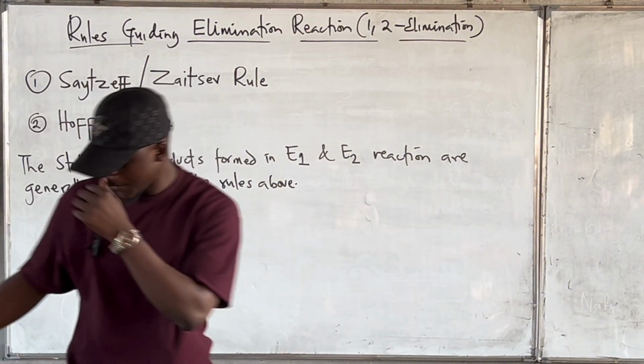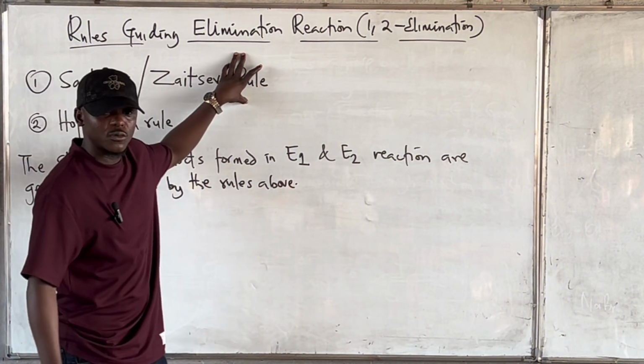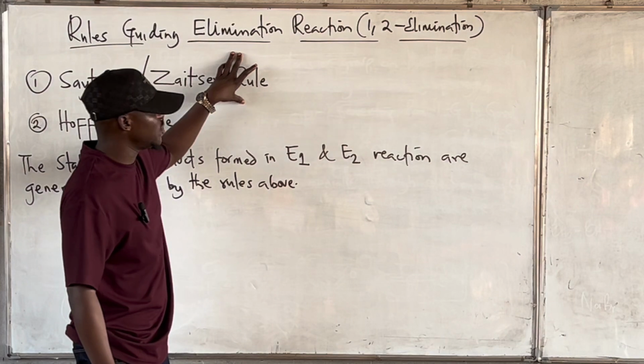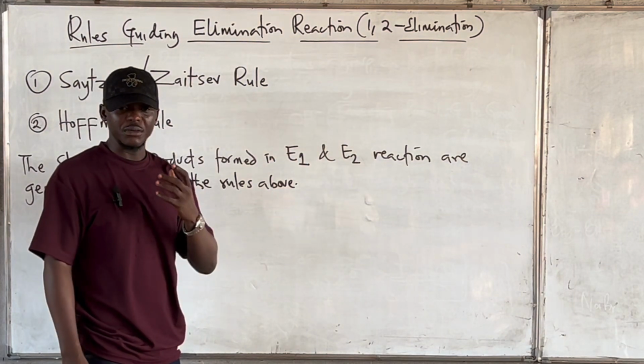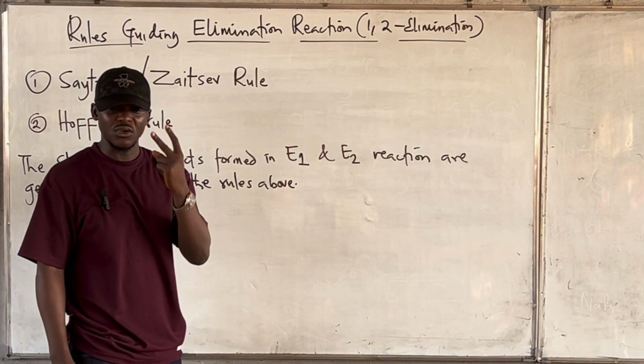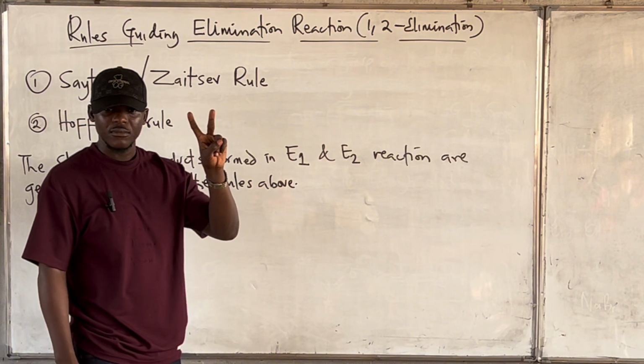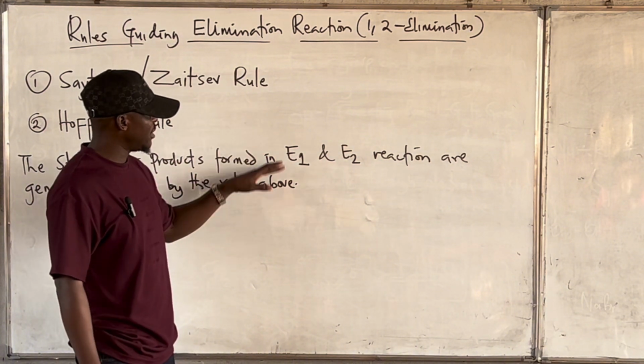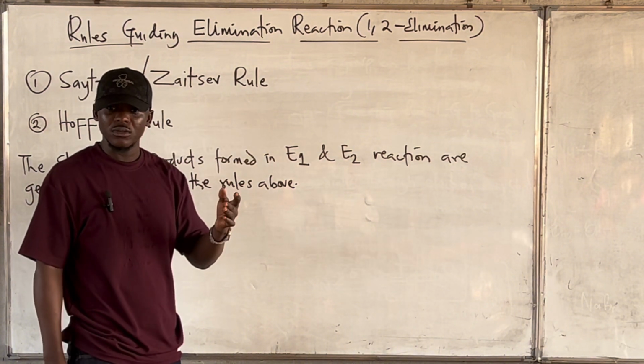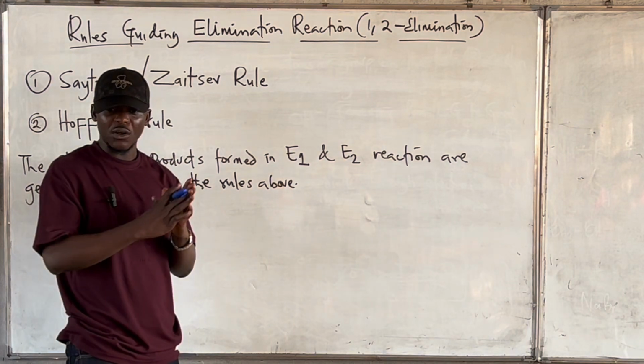This rule is basically used to determine which product will be major or minor, in a case where an elimination reaction gives rise to two products. Both of them are used to determine stability, the one that will be more stable and the one that will be less stable. Each of them has its conditions.